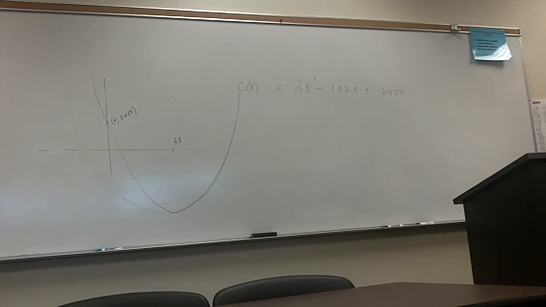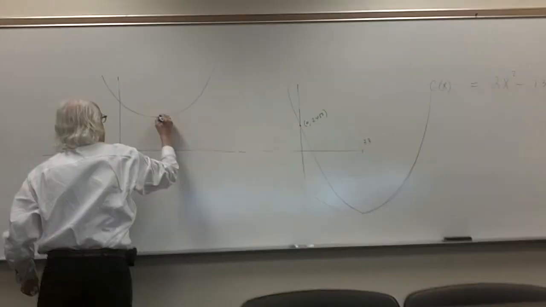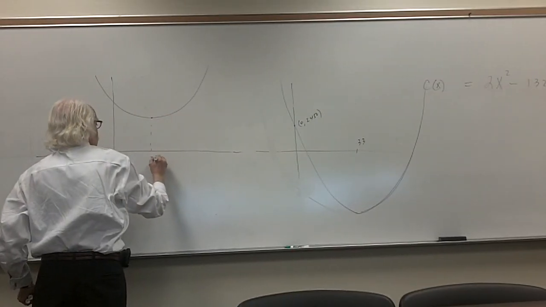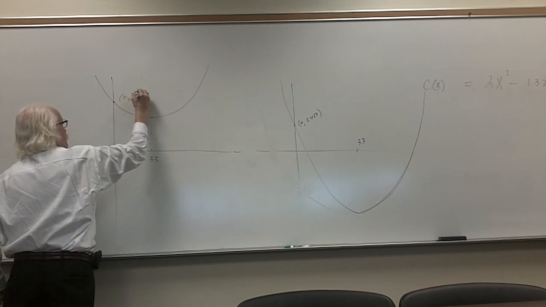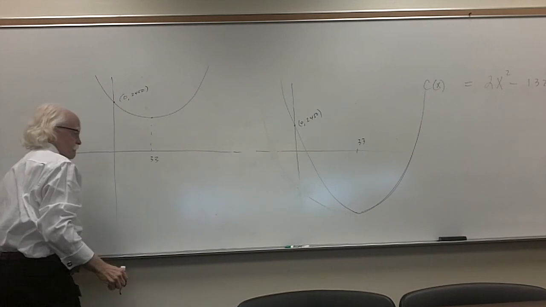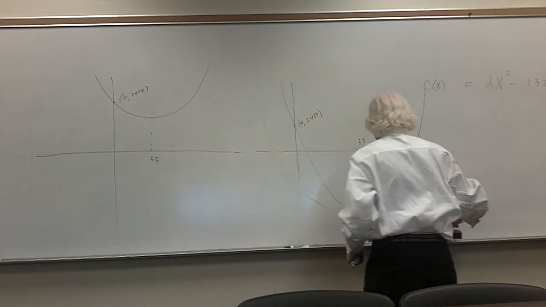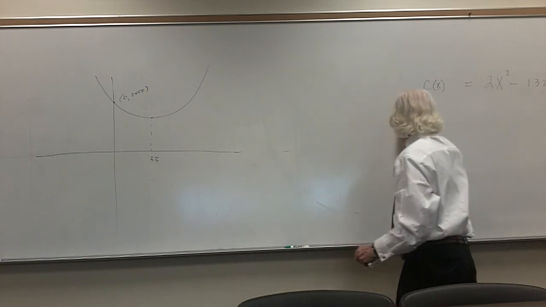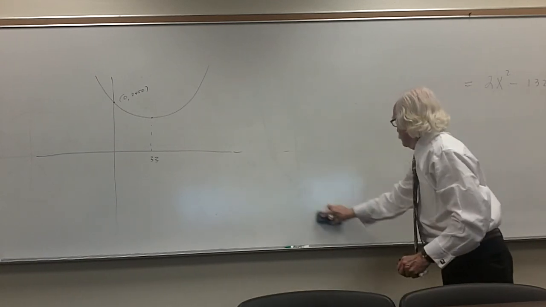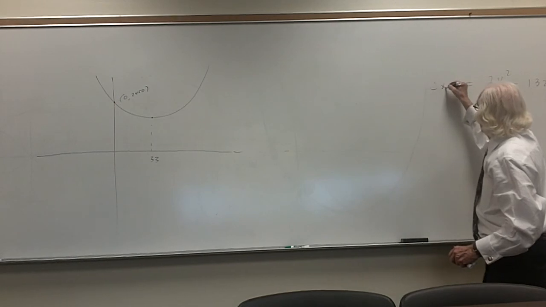Yeah, it never touches the x-axis. So you can't even use the quadratic formula. This point right here is 0, 24, 50, and it never does cross the x-axis. So factoring it or the quadratic formula would have been a waste of time.